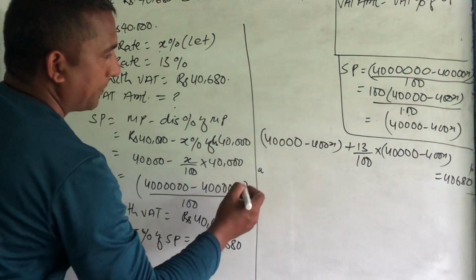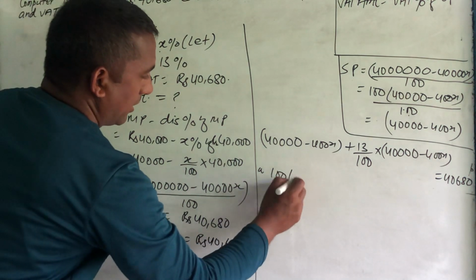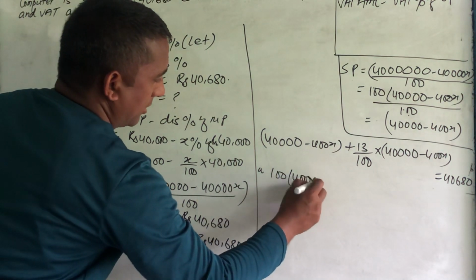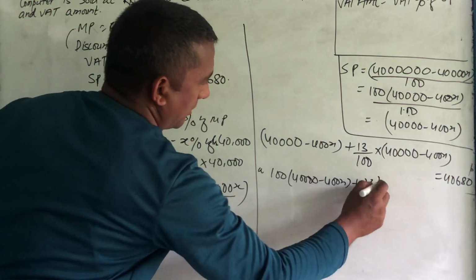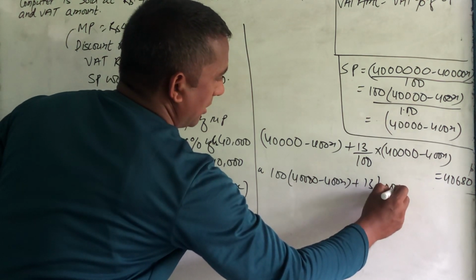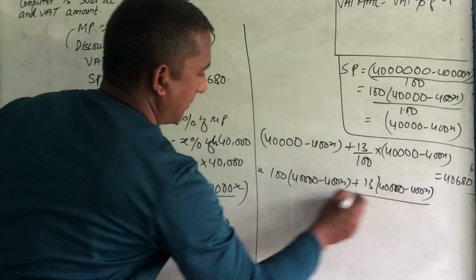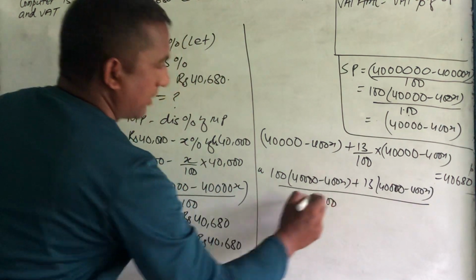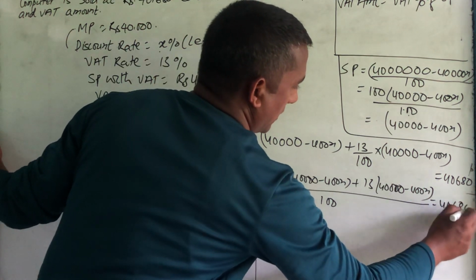You will get again 100 into 40,000 minus 400 X plus 40,000 minus 400 X by 100 equal to 40,680.